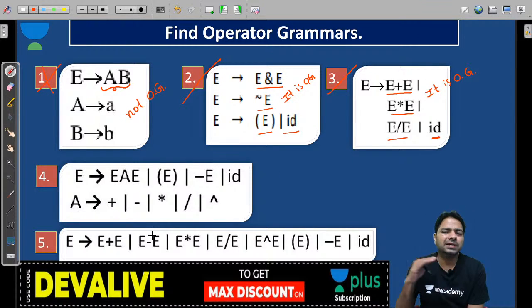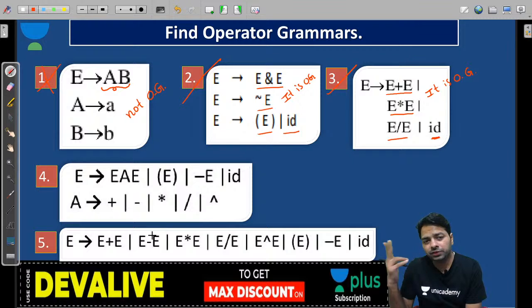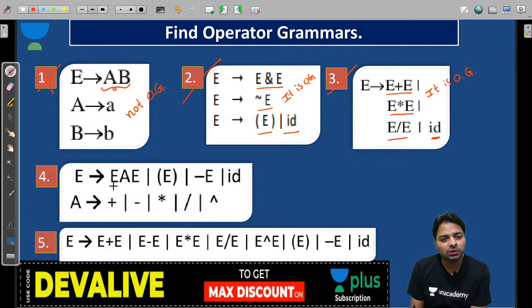These operator grammars will help you in future to know about precedences. Now the fourth one, you can see that there are two consecutive non-terminals here. This grammar is not operator grammar. Some people can write it as an operator grammar by deleting one of the non-terminals. See, capital A I can delete here and substitute with plus, minus and star.